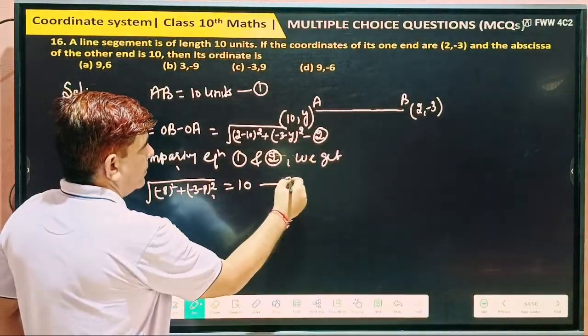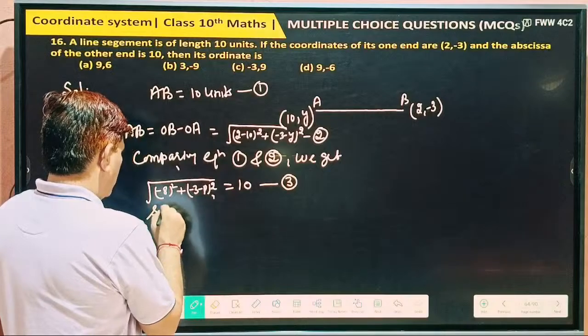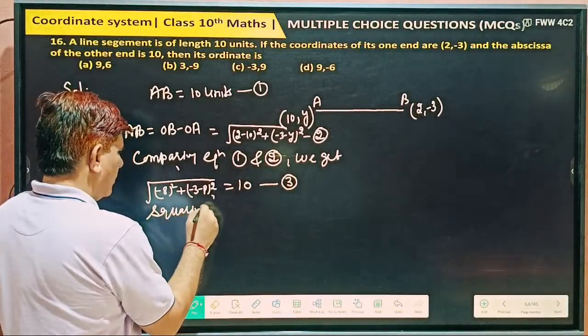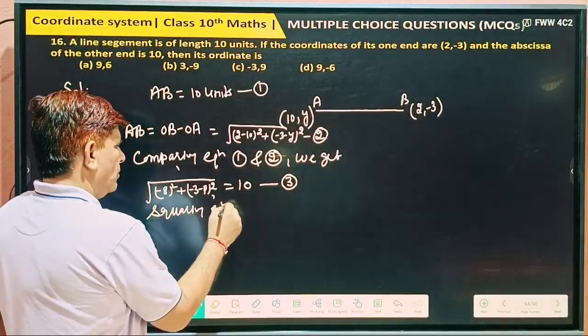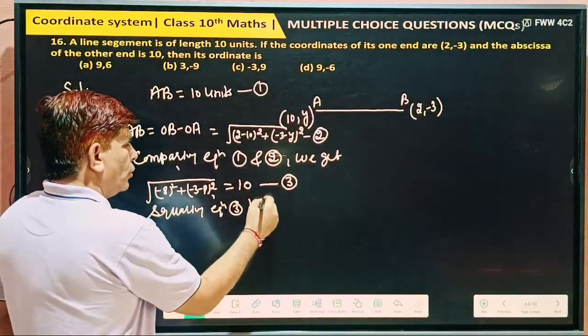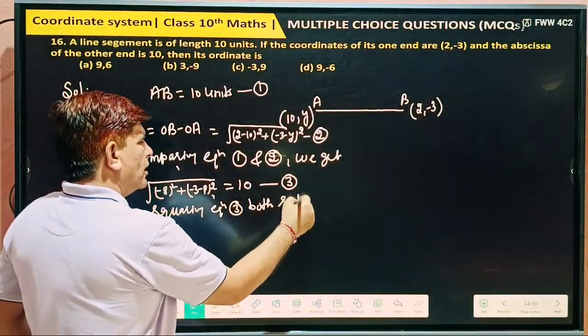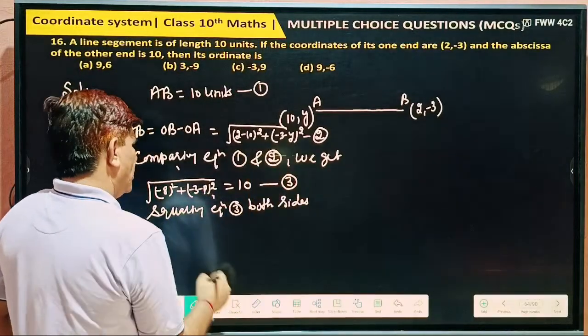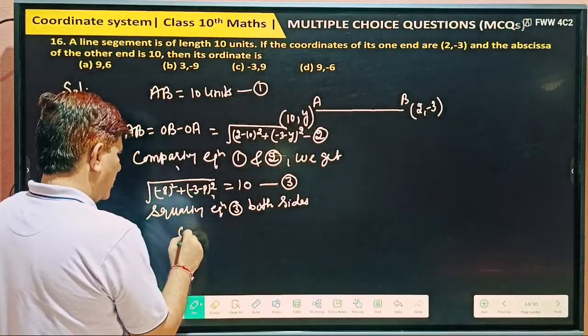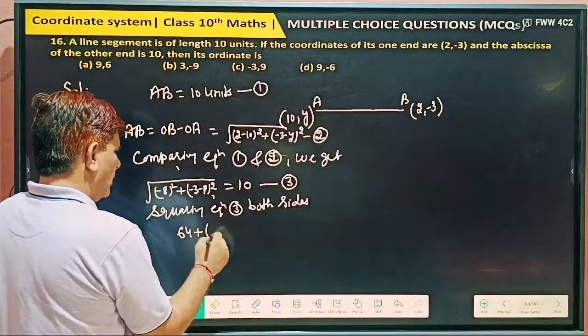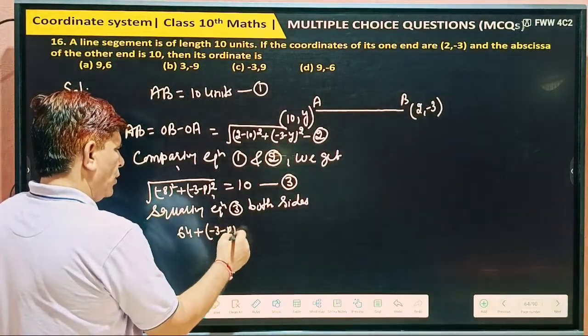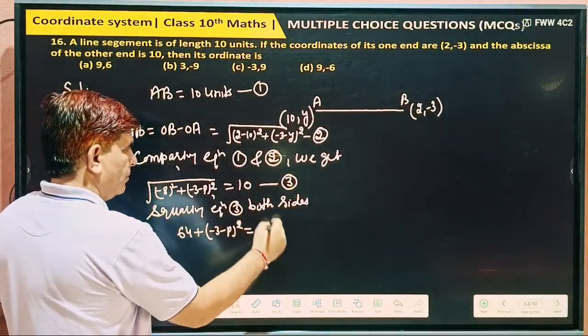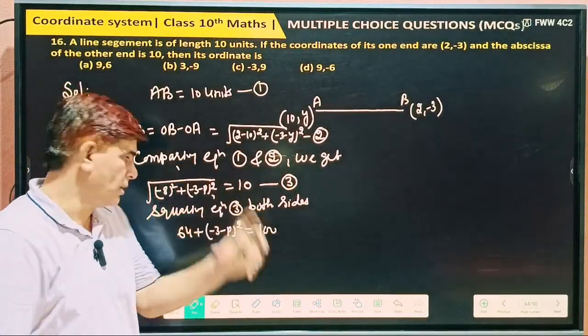This is 3. Squaring equation 3 both sides, meaning left hand side and right hand side. So it means 8 square 64 plus minus 3 minus p whole square is equal to 100. Square of 10 is 100.